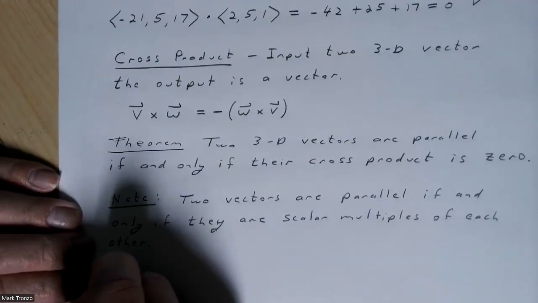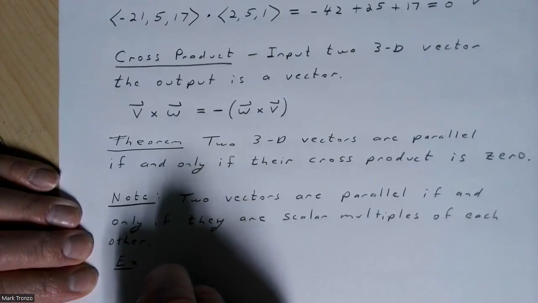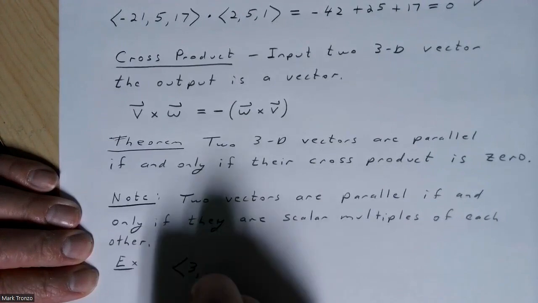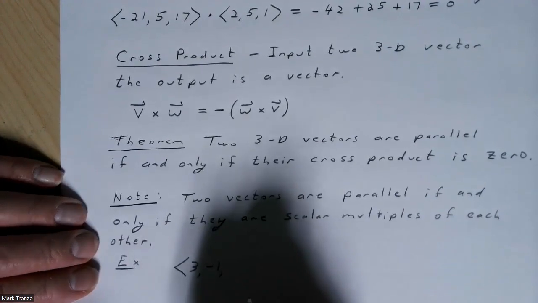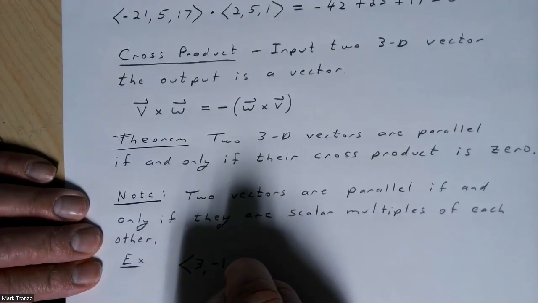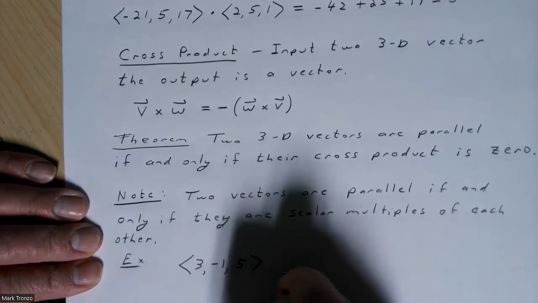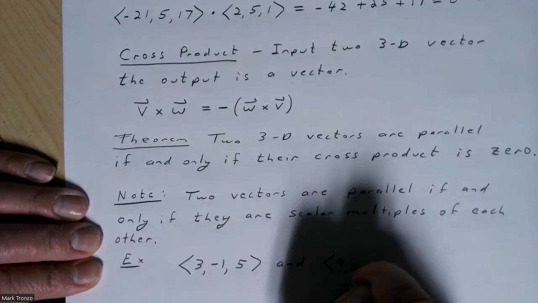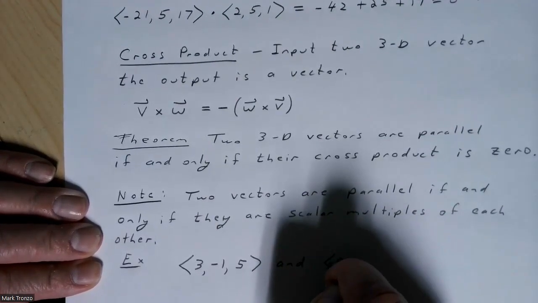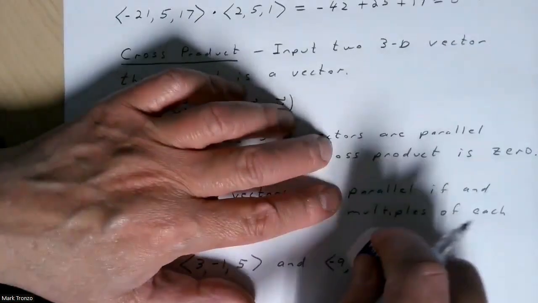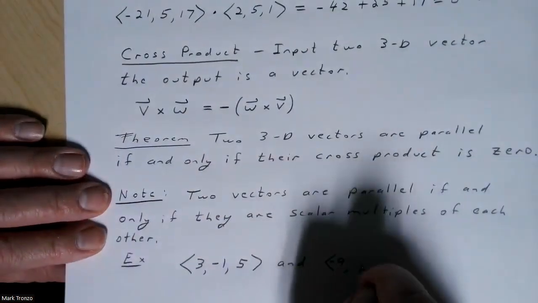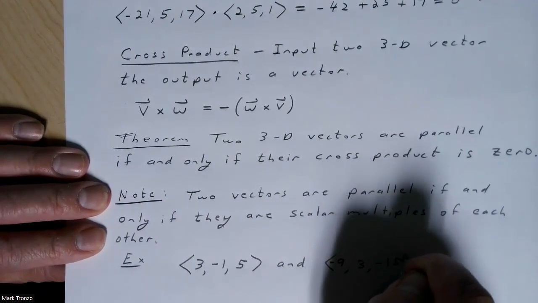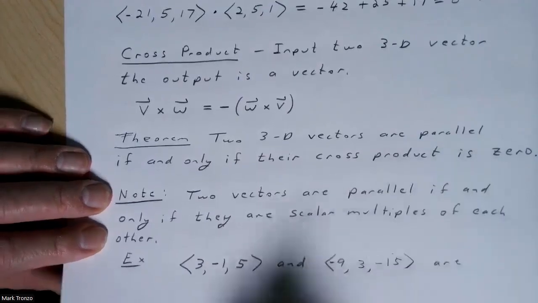So, for example, the vectors 3, -1, 5, and -9, 3, -15 are parallel.